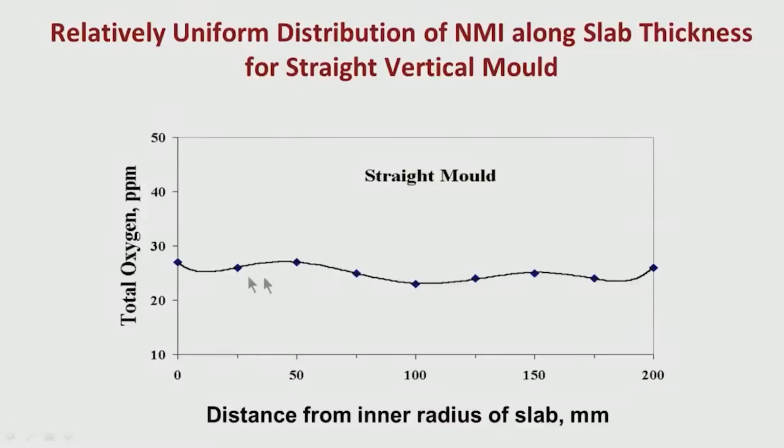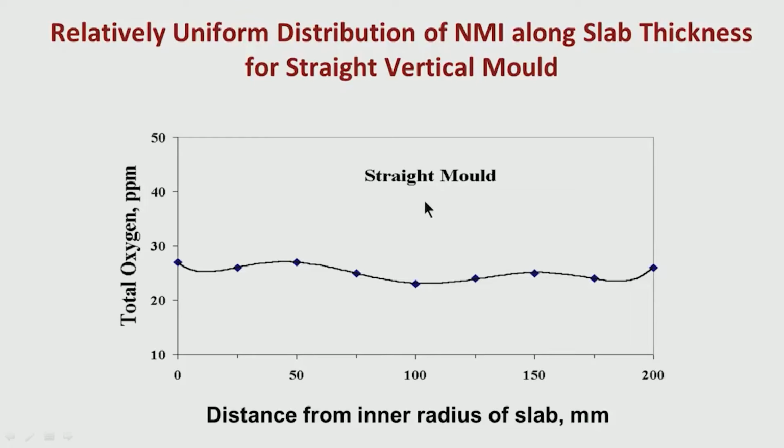So in the slab, at a distance of say 25 millimeter from the surface, initially at the surface, then every 25 millimeter, we have taken samples and analyzed total oxygen. How we measure total oxygen, I have discussed earlier.